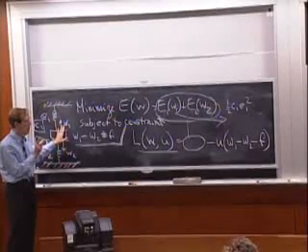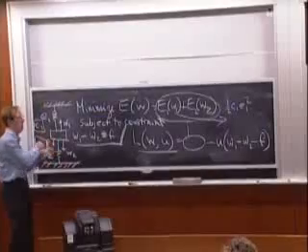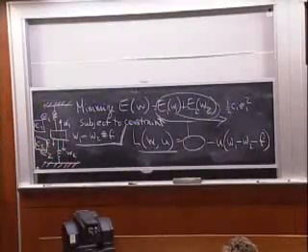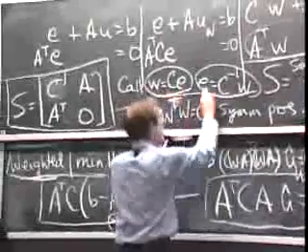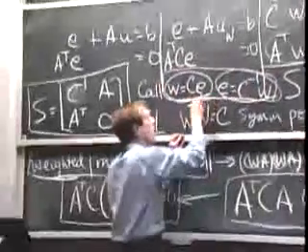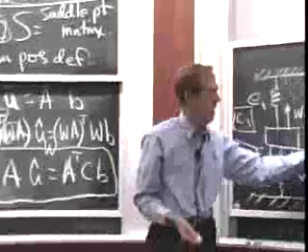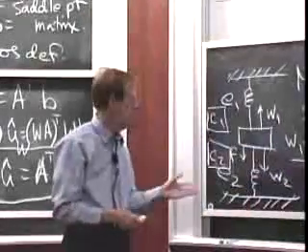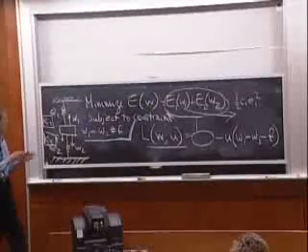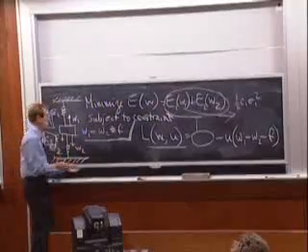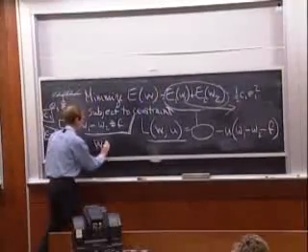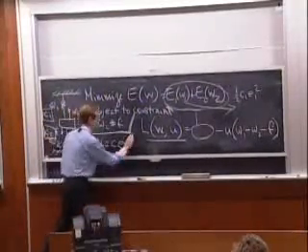But now I really want it not in terms of E1, I want it in terms of W1, because the constraint is in terms of W. And what does Hooke's law say? Hooke's law says W equals CE.